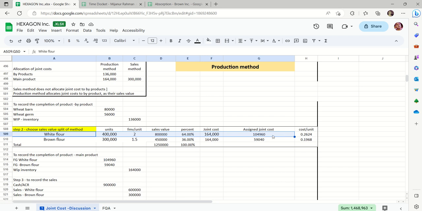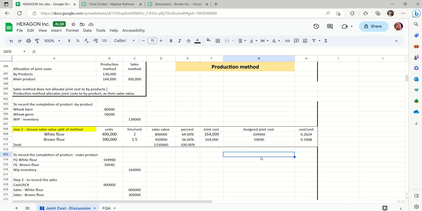We just simply divide $104,960 by the total volume it produced, which is 400,000. So you divide 104,960 by 400,000. That would give us 26 cents.